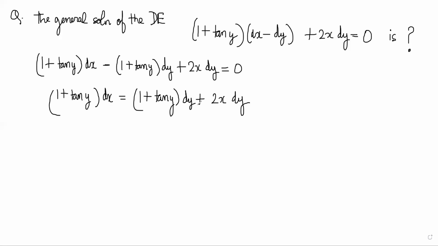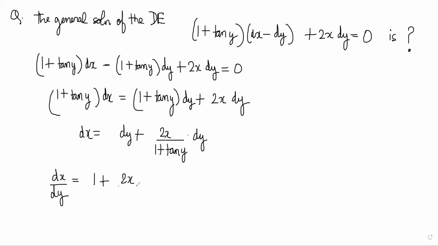If you divide by 1 plus tan y, you get dx is equal to dy plus 2x by (1 plus tan y) dy. And bring the dy this side, you get dx by dy is equal to 1 plus 2x by 1 plus tan y.